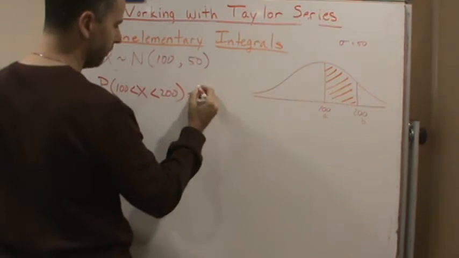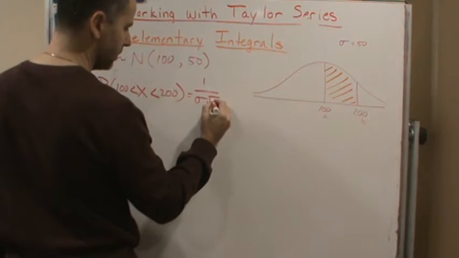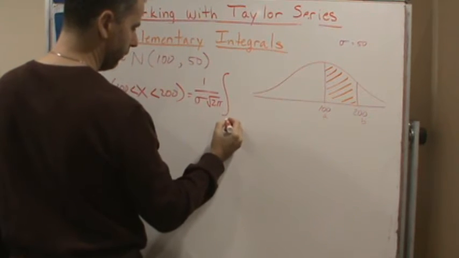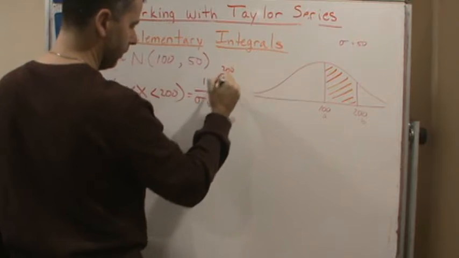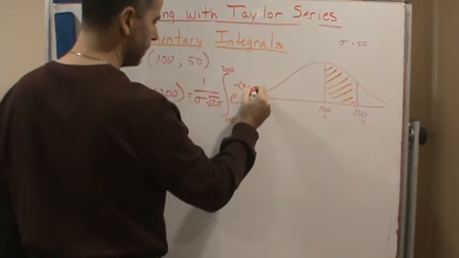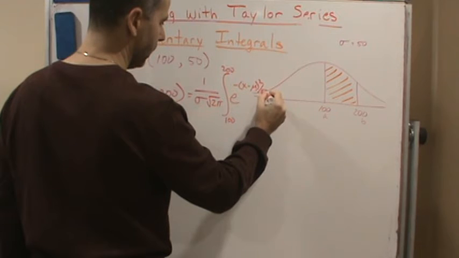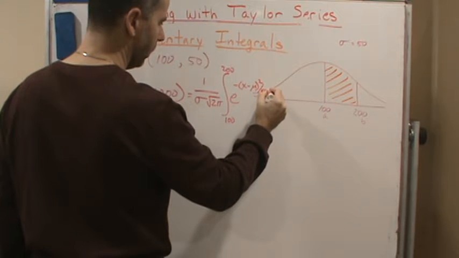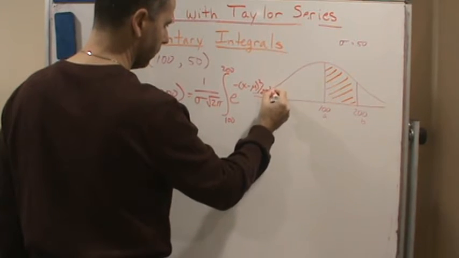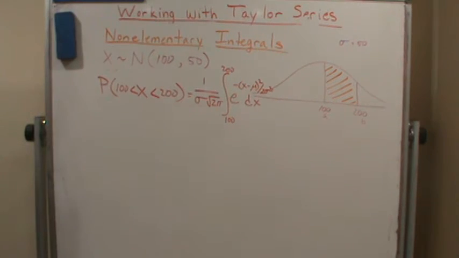We know we're going to have to integrate 1 over sigma times the square root of 2 pi, times the integral from 100 to 200 of e to the negative x minus mu quantity squared over 2 sigma squared, dx.